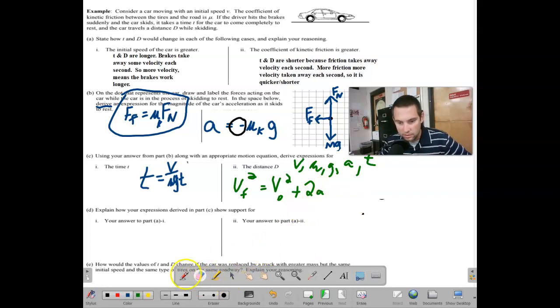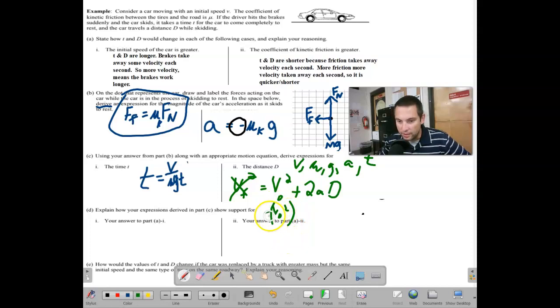Sorry, talking and writing at the same time. Final velocity squared equals initial velocity squared plus 2a delta d, right? Final velocity, we know that's 0, and the initial velocity is whatever, so we're going to move the initial velocity to the left by subtracting the initial velocity squared.